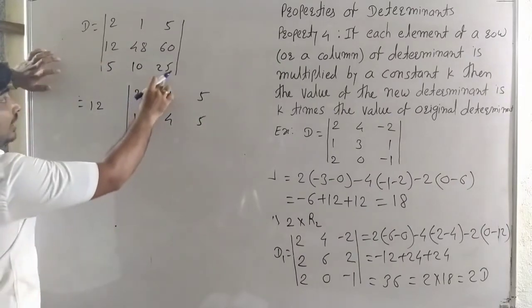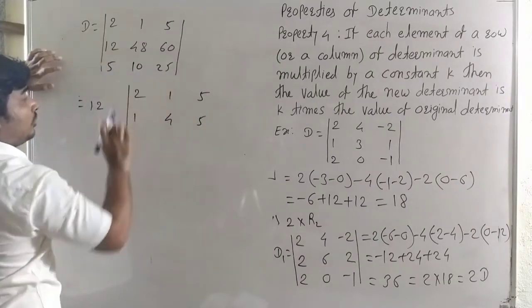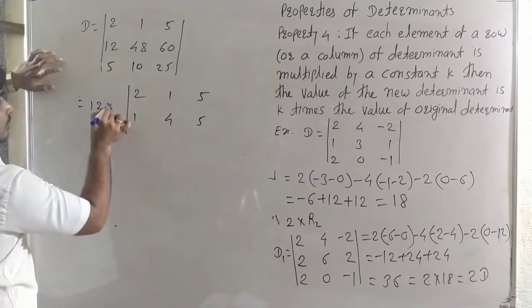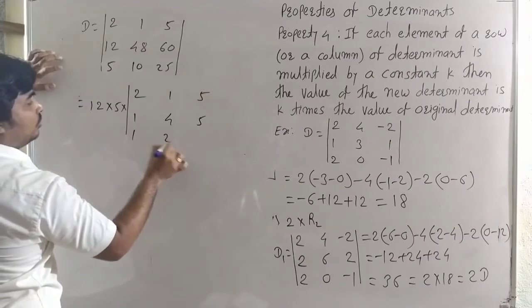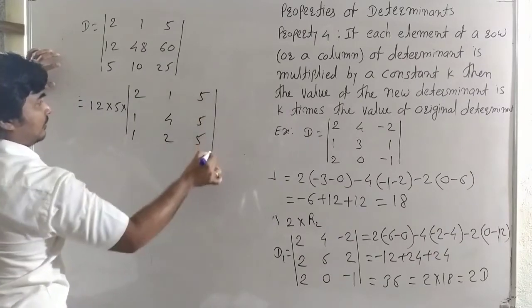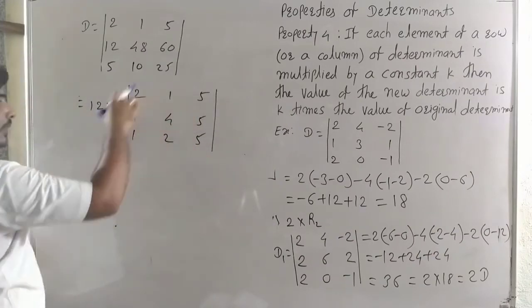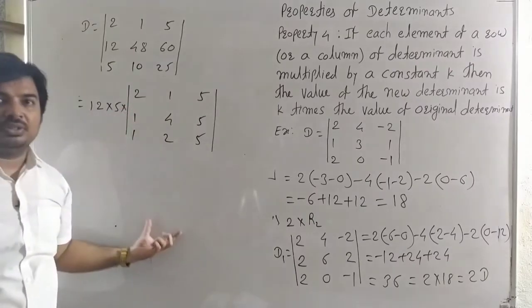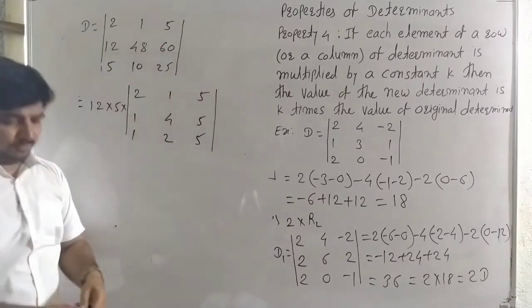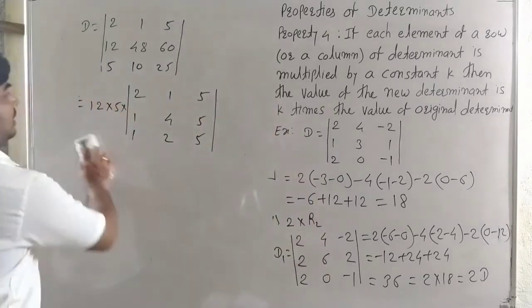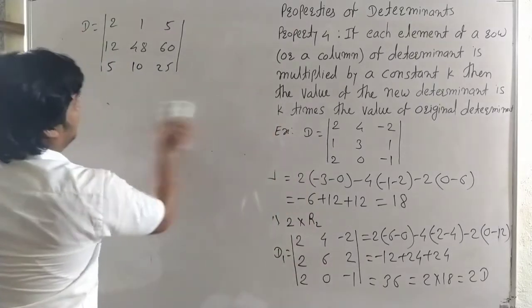Okay, and in row 3 we can again take common 5. So here we can write 5 into 1, 2, 5, and here it is 60, and find the determinant and then solve it. Okay, here it is a simplification by using this property. Now we can see the next property.